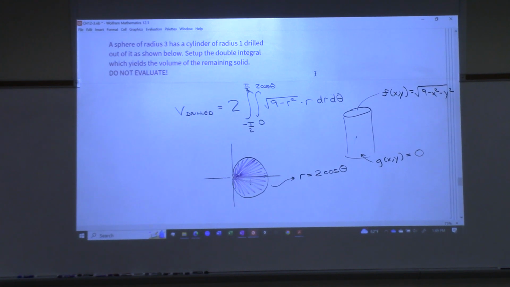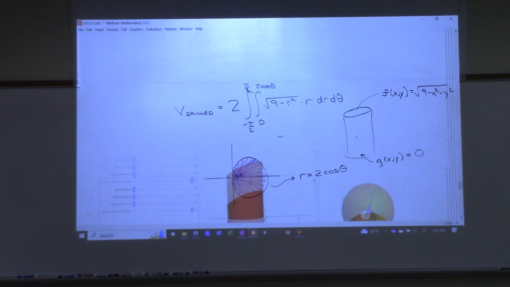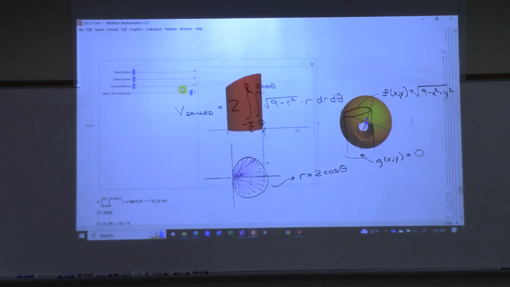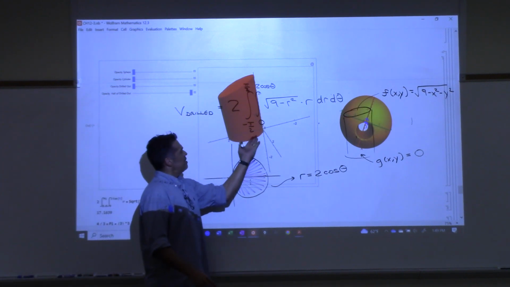Yes? Why is g of x and y 0 again? Well, we decided when we were looking at this picture that instead of trying to find the volume of the whole thing, we're doing half. So I put a 2 in front just to double that, right? So that's not what you're asking me. You're asking me why is g of x and y 0? Because if I do this half, then the xy plane is the bottom of this thing.